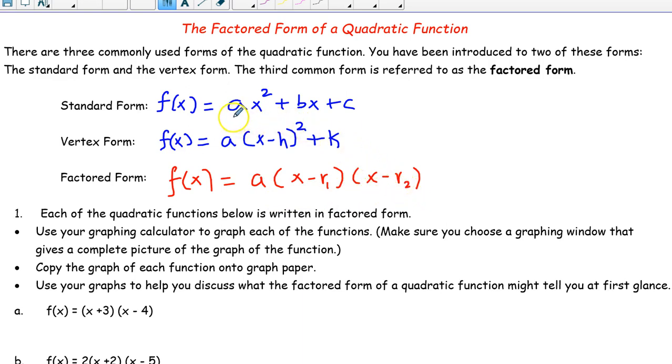Remember here this a, b and c are constant numbers like 5, 12, whatever constants, the values. Here this a, h and k are also numbers, and this a, r1 and r2 are all real numbers in fact.